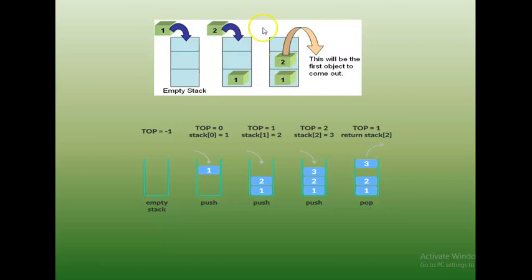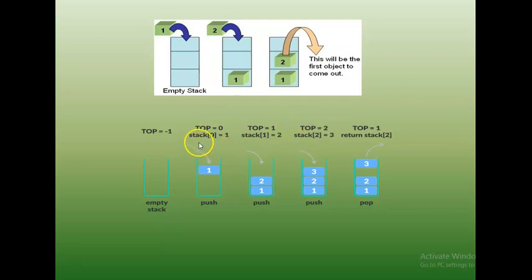So for adding 2 into this stack, what we have to do first is increment top by 1. Top was 0 here, so it is incremented to 1. So stack of 1 becomes 2. Similarly, if we add one more element here, it becomes stack of 2. In general, when we compare these values, they are similar, is it not? Here it is 0, here it is 1, here it is 2.